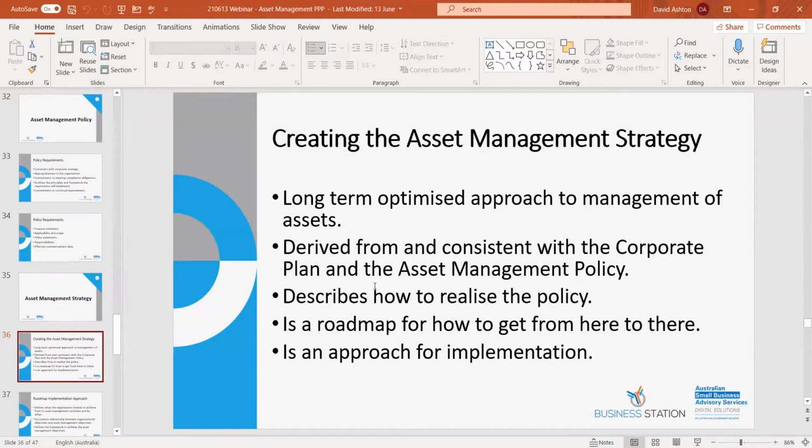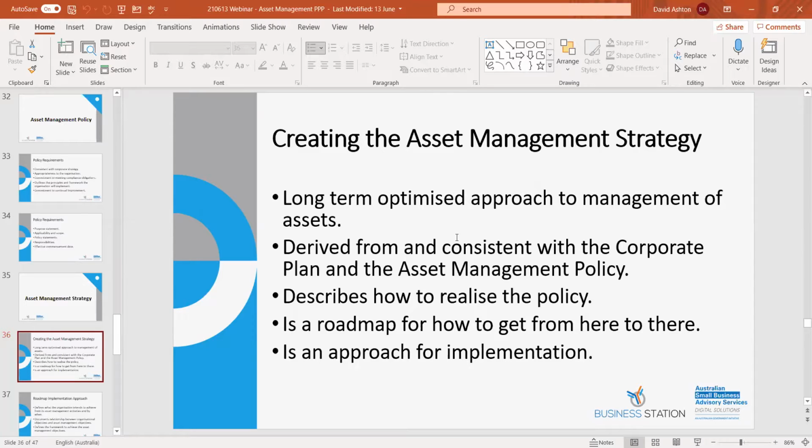It's got to be long-term in its thinking to maximise or to optimise the management of the assets. It's got to be derived from and consistent with the overall business plan of the organisation and the asset management policy. It's got to outline the processes to realise the policy intent. The roadmap approach, how you're going to get from here to there, basically, in terms of looking at the asset life cycle from date of acquisition to end of life.